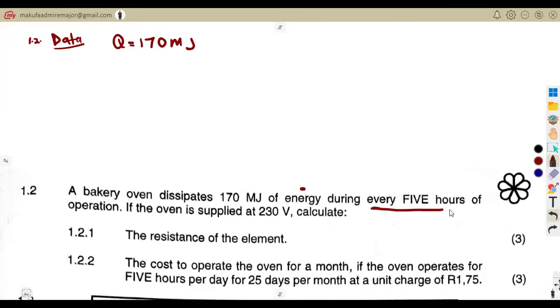During every 5 hours of operation, that was the time frame given for this energy.